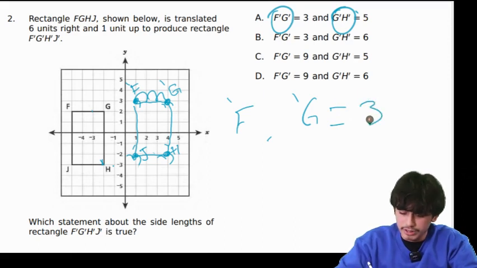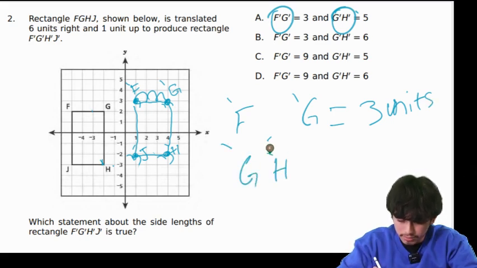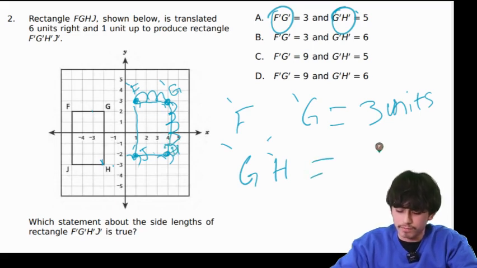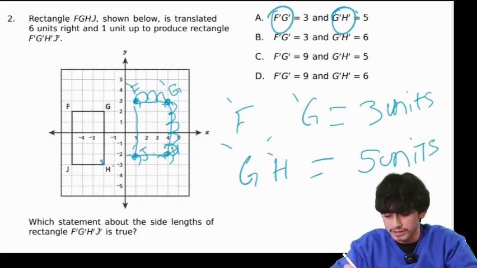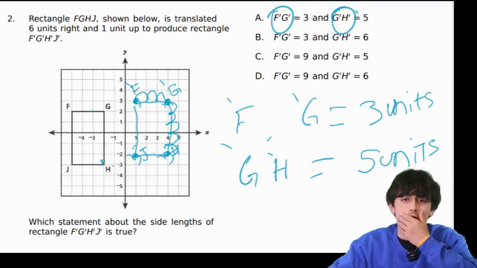And G prime H prime is going to equal 1, 2, 3, 4, and 5, which is 5 units. Now I'm gonna look at my multiple choice questions, and obviously I can see that choice A matches with the answers that I have gotten. So my answer is gonna be choice A.